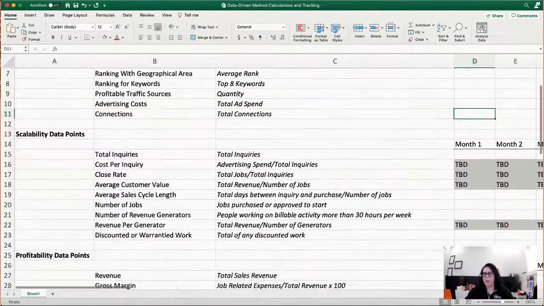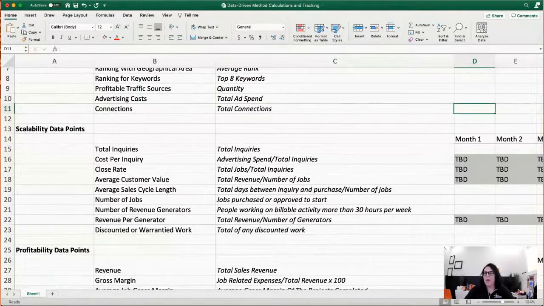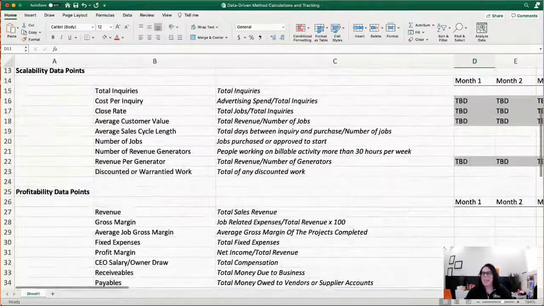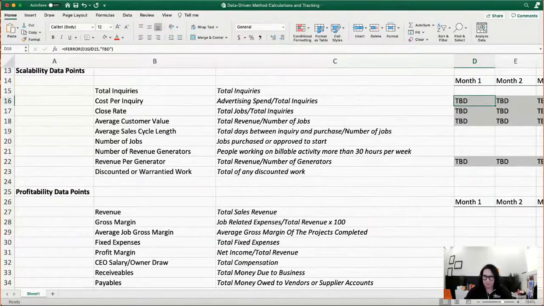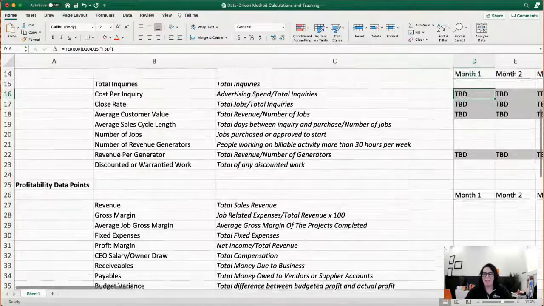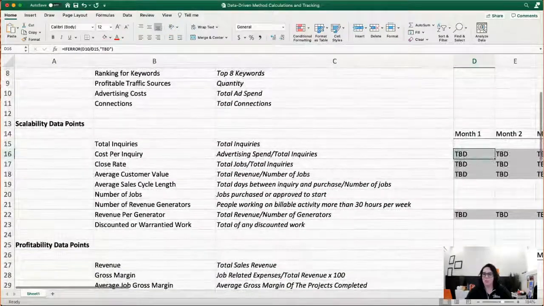Okay, so looking at scalability, we're going to go through this one fairly quickly, and I'm going to explain why in just a moment. These gray fields here in the templates calculate automatically, but some of them require information from down here in the next section in order to do so.